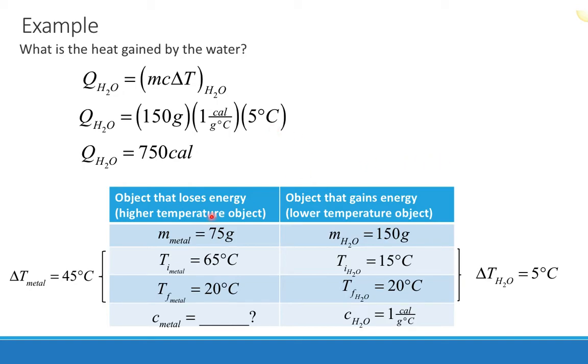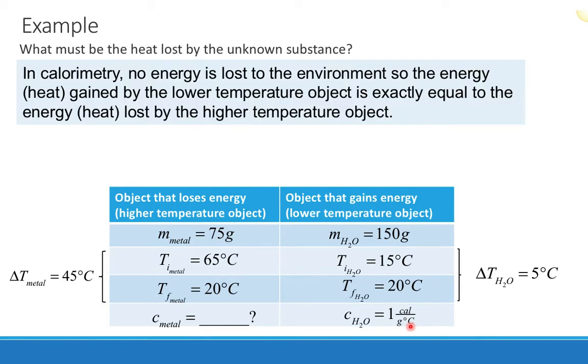So when these two are mixed together, the water gains 750 calories of energy. That heat is transferred, 750 calories. What must be the heat lost by the unknown substance? So the water gained energy, and in the process, the unknown material lost energy.